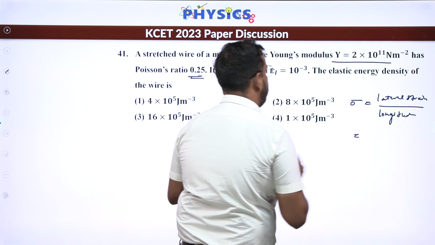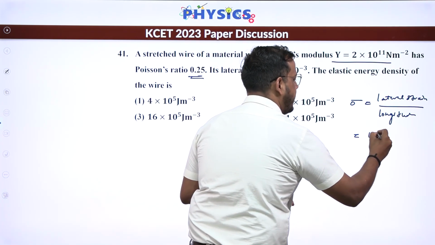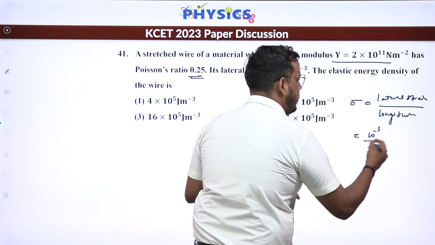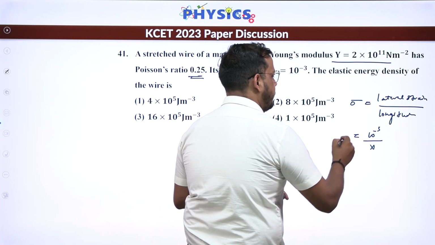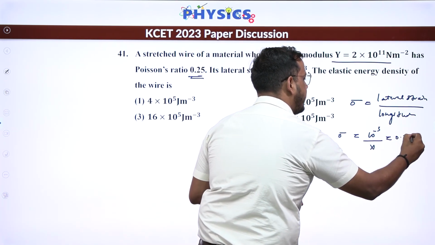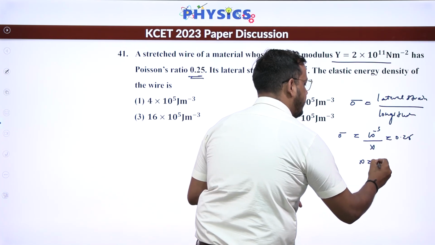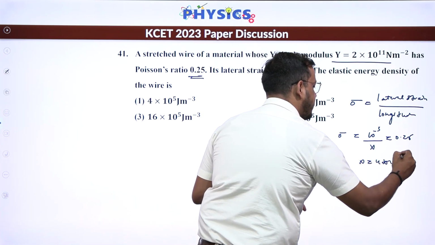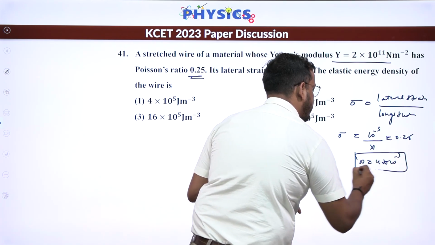Lateral strain is given here as 10 raised to power minus 3, and longitudinal strain, let's suppose, is x. Sigma is given as 0.25. So the value of x here is 4 into 10 raised to power minus 3. That is the longitudinal strain.